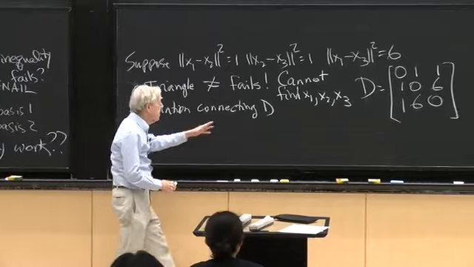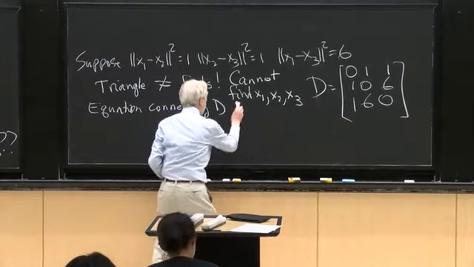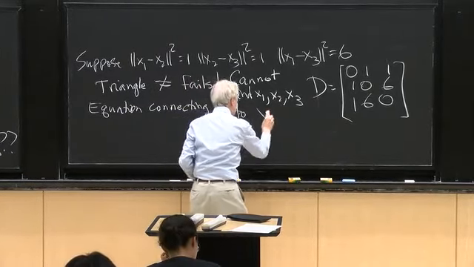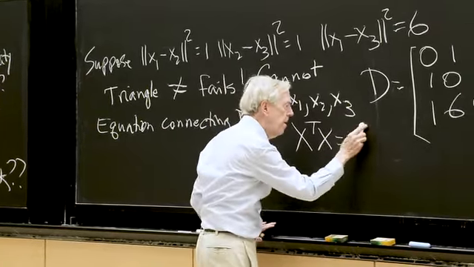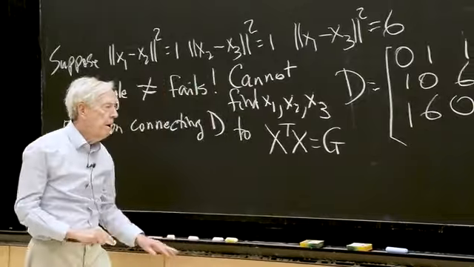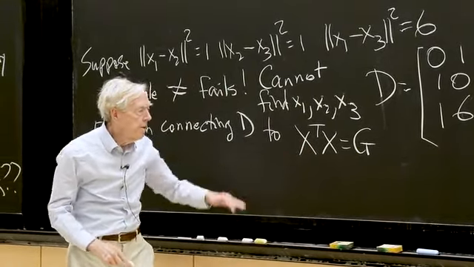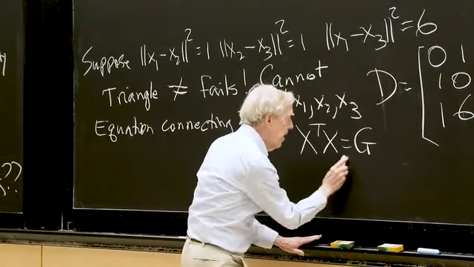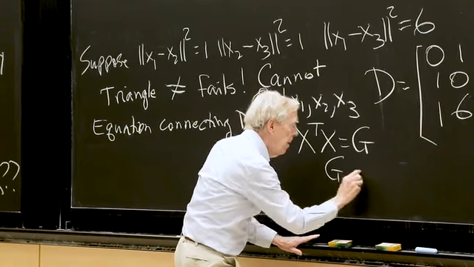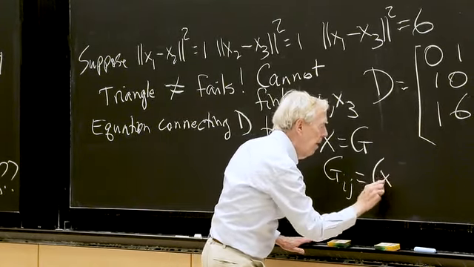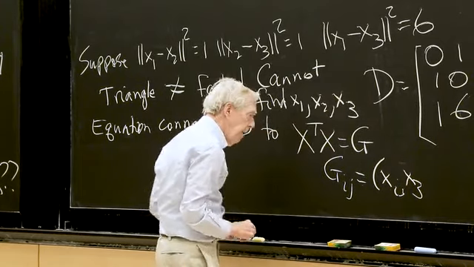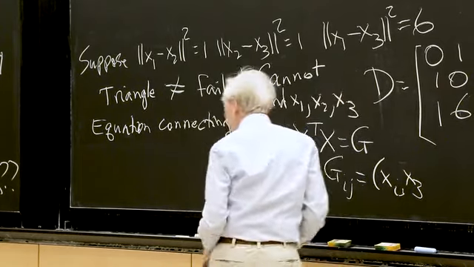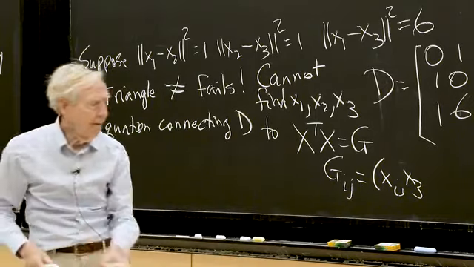When you connect this distance matrix D to the matrix X transpose X, you remember the position matrix, maybe I called it G, Gij is the dot product of Xi with Xj.